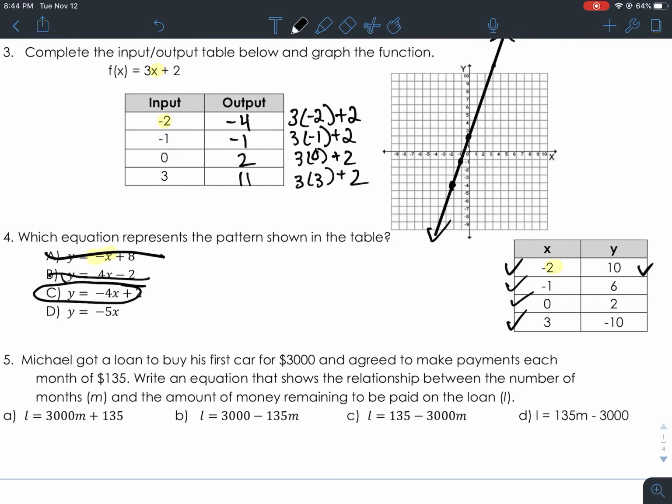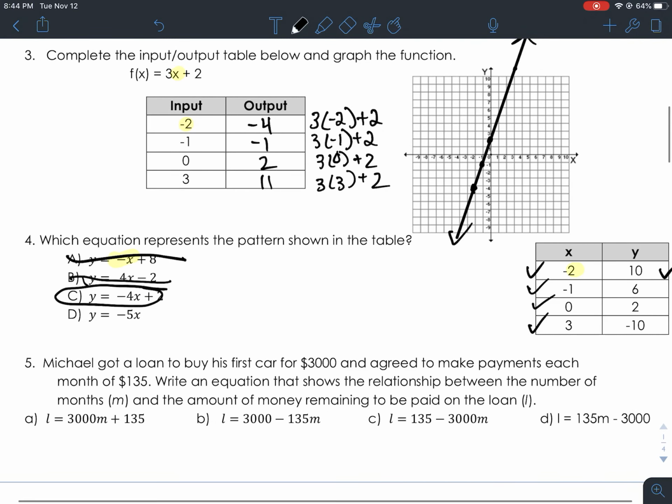Okay. So for number 5, Michael got a loan to buy his first car for $3,000 and agreed to make payments on each month of $135. Write an equation that shows the relationship between the number of months and the amount of money remaining to be paid.